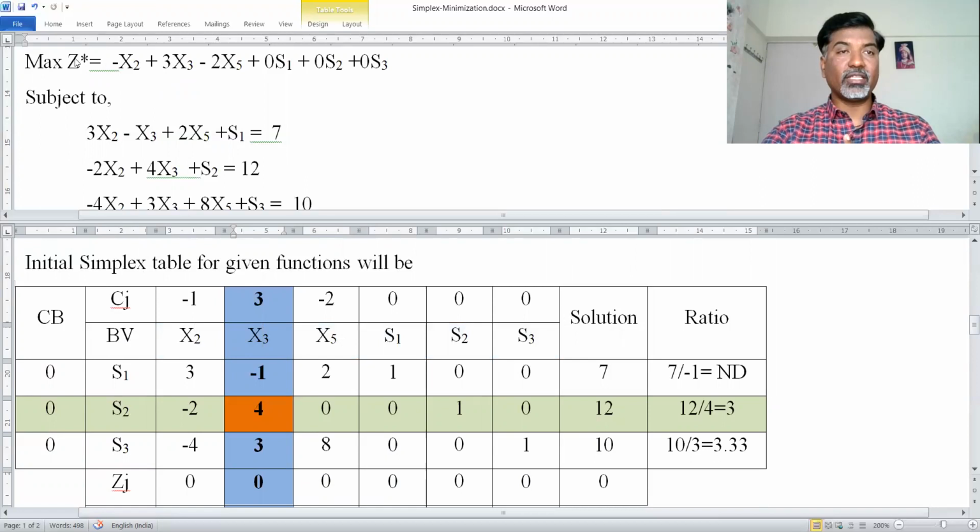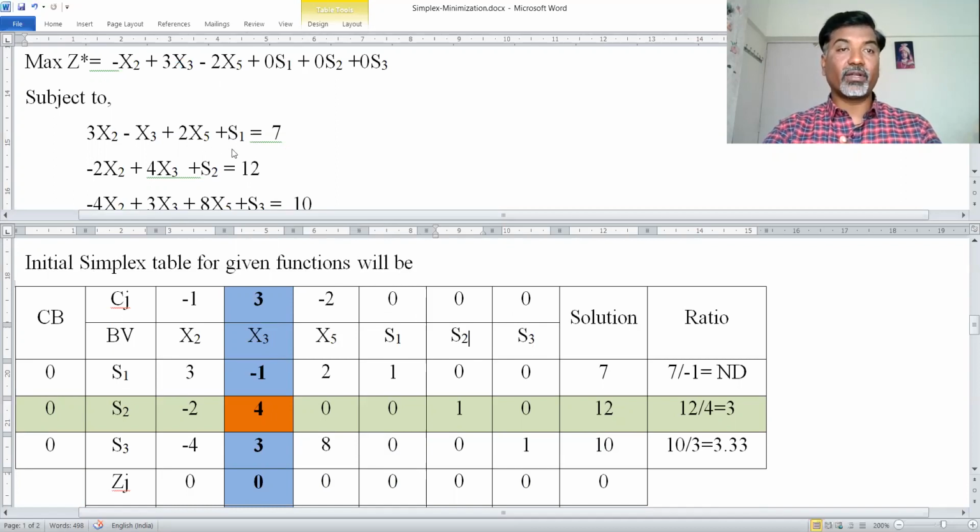By observing the maximization objective function, we can identify that the coefficient of x2 is -1, of x3 is 3, of x5 is -2, and of s1, s2 and s3 is 0.